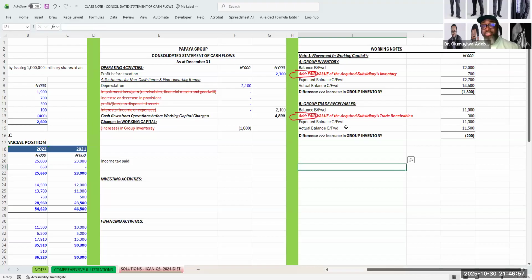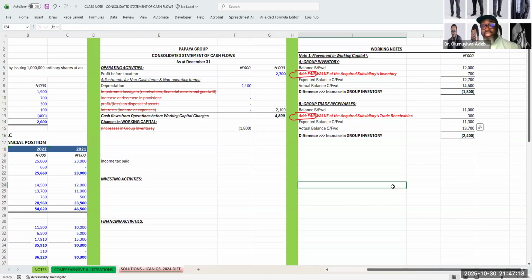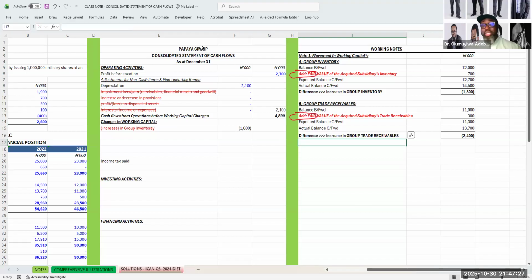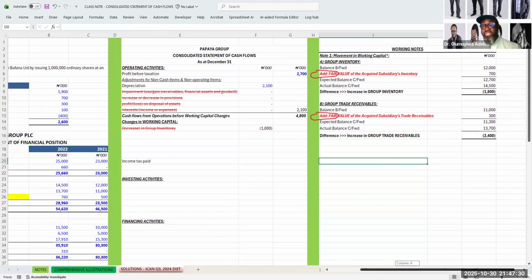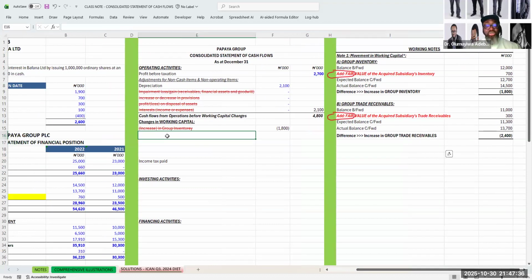Now that gave me an expected balance of 11,300. And if that is the case, I'll now compare it with the actual balance. What is my actual balance? 13,700. Again, I found out that is an increase in trade receivable. An increase in trade receivable is synonymous to you lending money or giving out more money to your customer instead of collecting money from them. And therefore, that equally constitutes an outflow of cash.